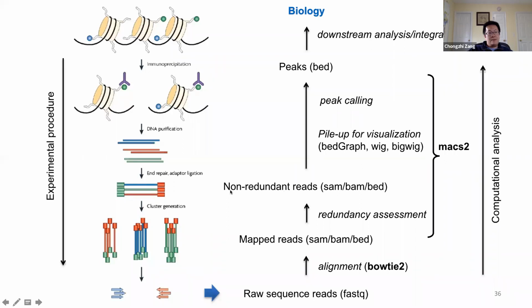So the number of non-redundant reads represents the informative, actual useful sequencing depth of a ChIP-seq data set. Make sense? Yeah, thank you.